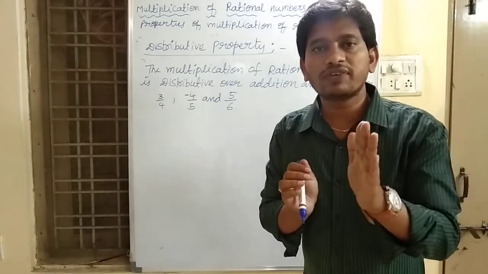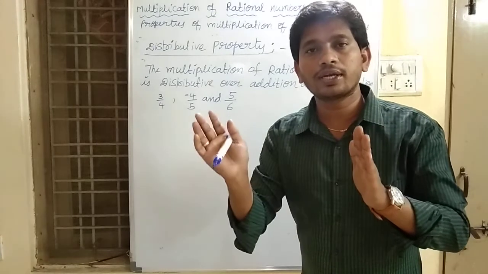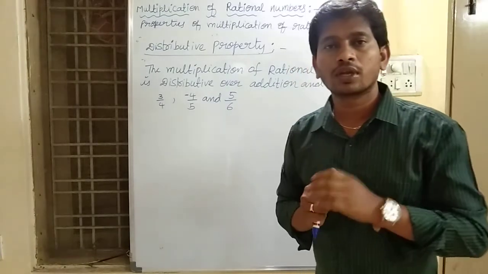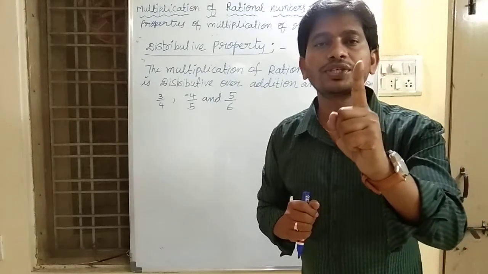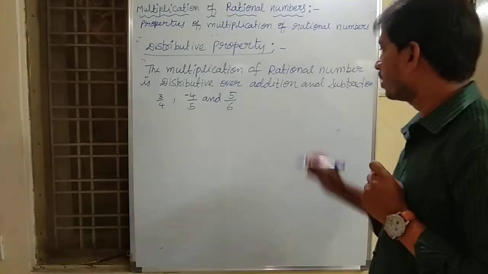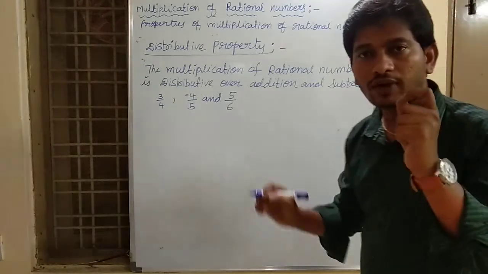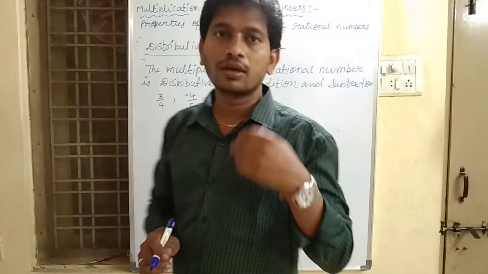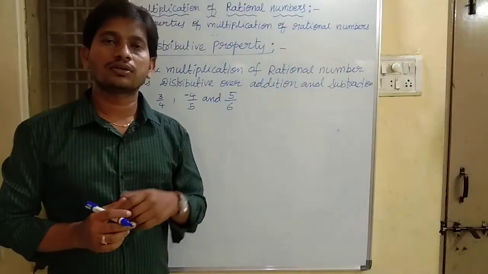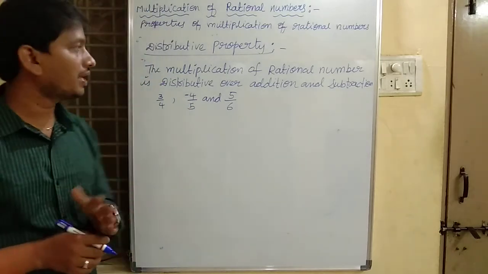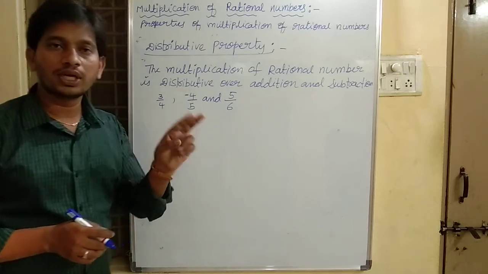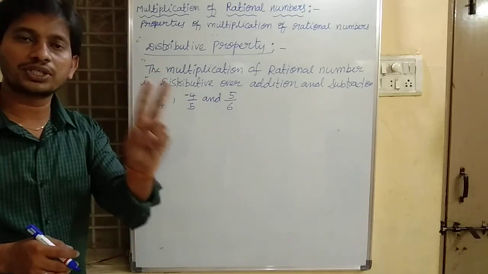But the difference between associative property and distributive property is that in associative property we will use only one operation, either complete addition or multiplication or subtraction. But in distributive property we will use two operations.